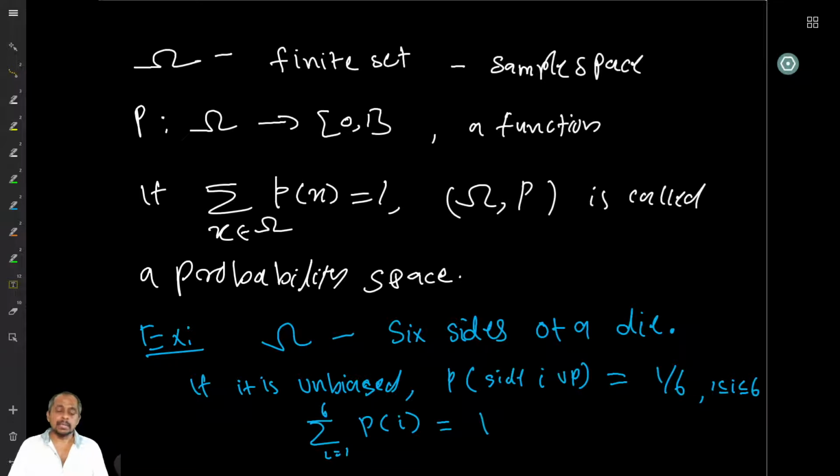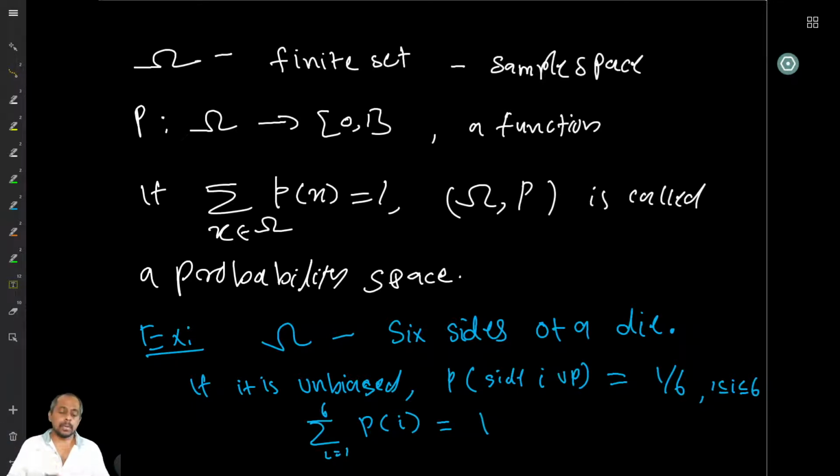So we have a probability space, which is basically a finite set together with a probability distribution. For example, you can assume that omega is the set formed by the 6 sides of a die, marked with 1, 2, etc., up to 6 dots.